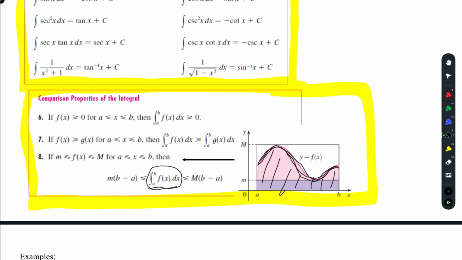If I were to find the area under it, this is the one I want. What this is saying is, if I took the smallest rectangle I could make over that whole interval, I know the area under this curve is for sure going to be more than or equal to the absolute smallest height rectangle.